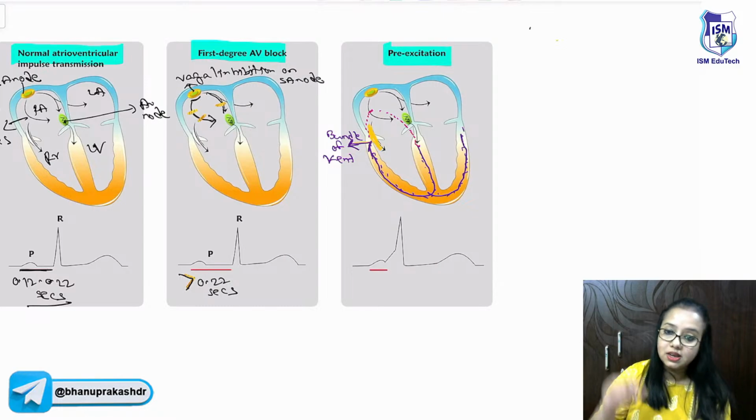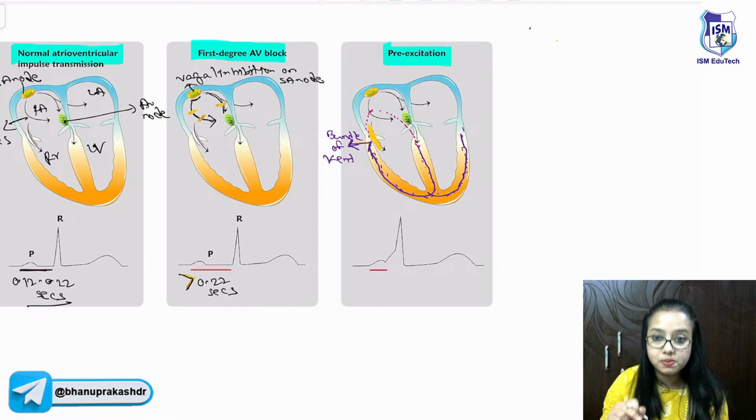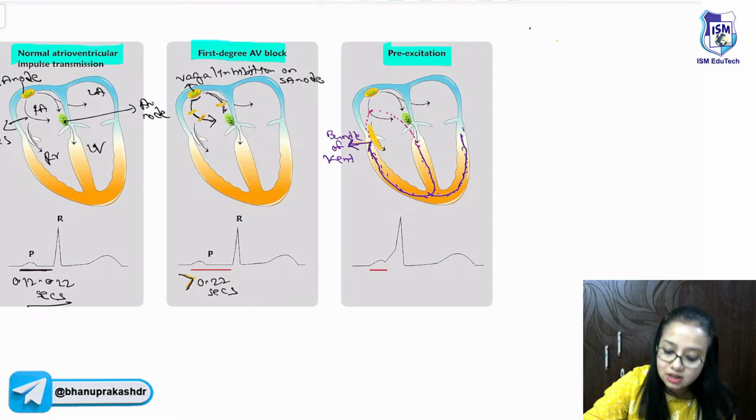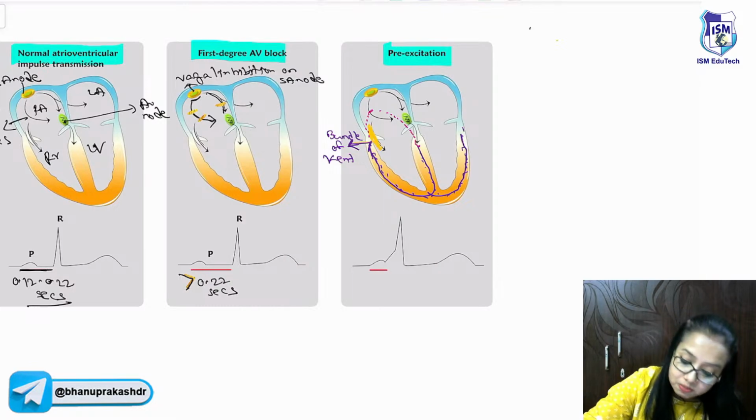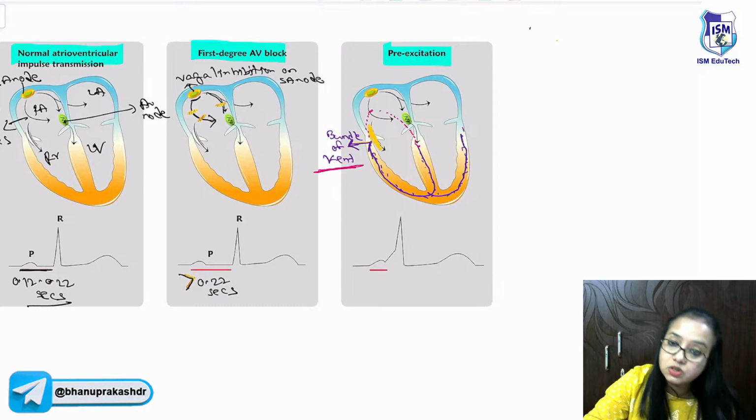So there will be an extra impulse that is entering the ventricle even before the SA node has generated an impulse. I repeat, if there is the presence of an extra accessory pathway like the bundle of Kent, this bundle of Kent is capable of transmitting or conducting impulse. So what happens?